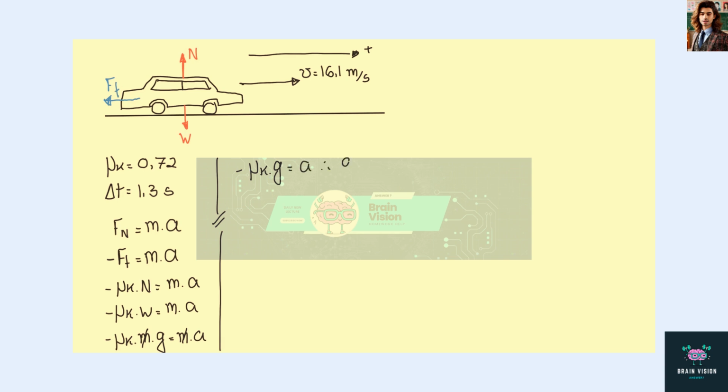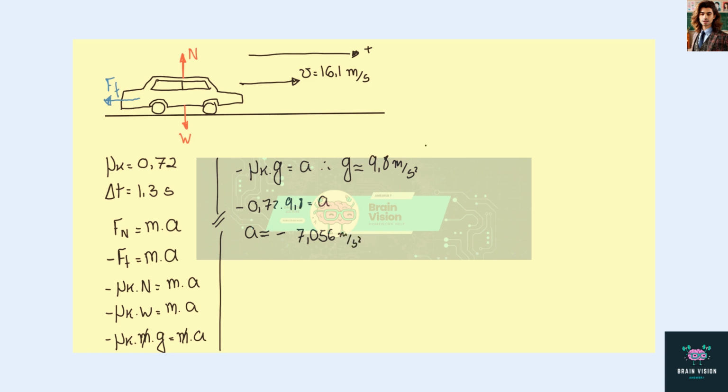The acceleration of gravity near the surface of the Earth is equal to 9.8 meters per second squared. Then, plugging in the values given in the problem, we get minus 0.72 times 9.8 is the acceleration of the car. And this results in an acceleration of minus 7.056 meters per second squared.